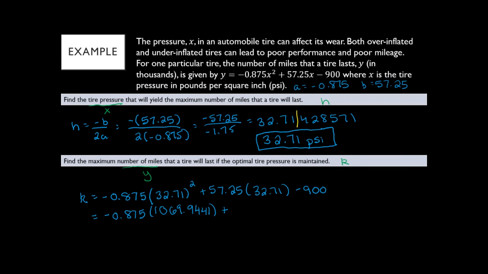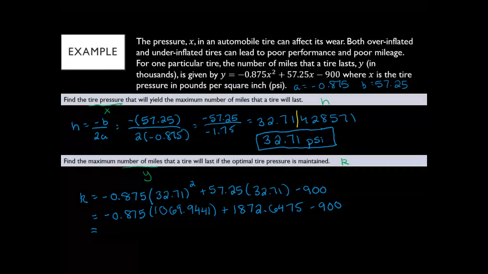Then I'm going to do 57.25 times 32.71. So I get 1872.6475 and then minus 900. Next line, I need to do the multiplication of negative 0.875 times 1069.9441.